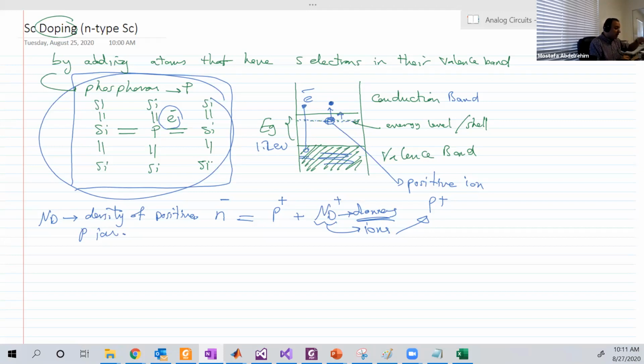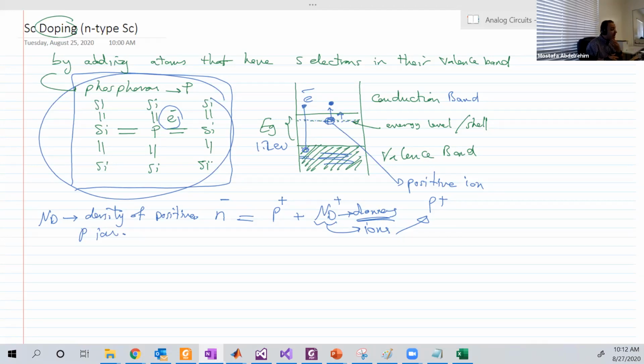So the electrons now in the conduction band have 2 sources. The first one is the phosphorus atoms, and the second one, which is the normal way, is from other silicon atoms in the valence band, which at room temperature can acquire some energy equal to or larger than Eg and go to the conduction band.